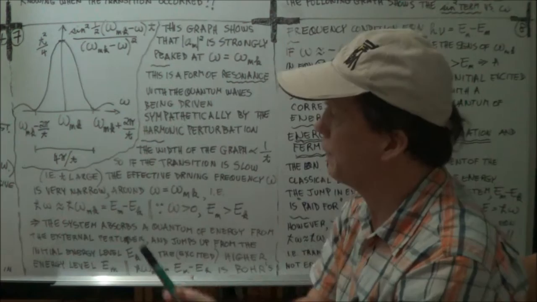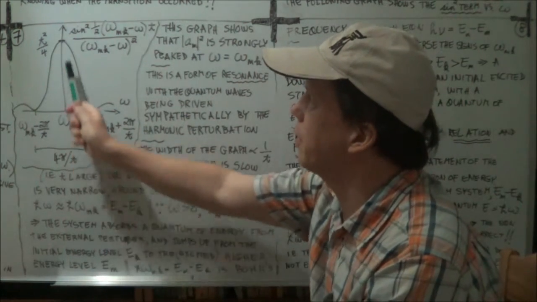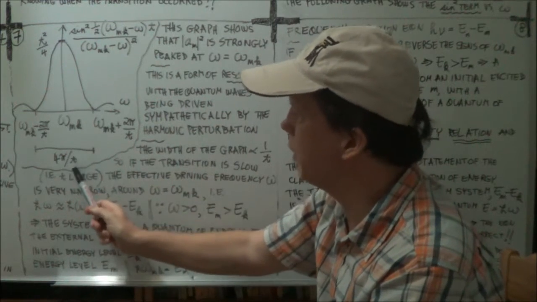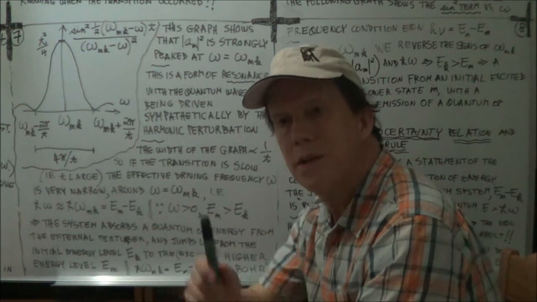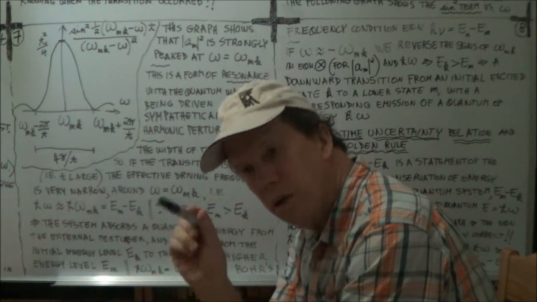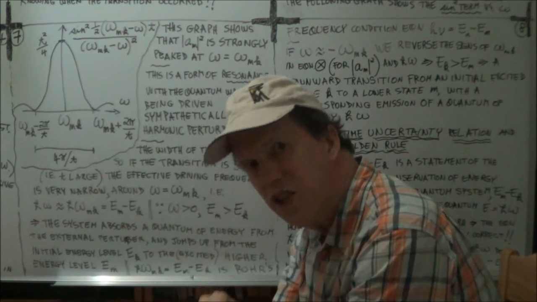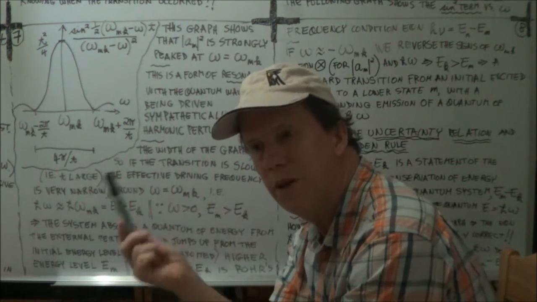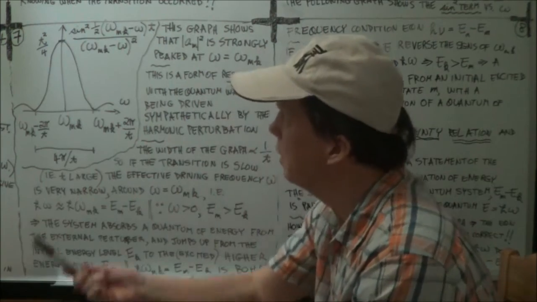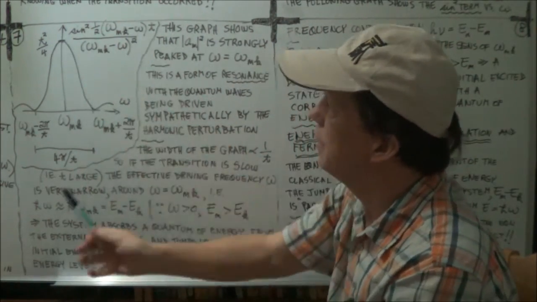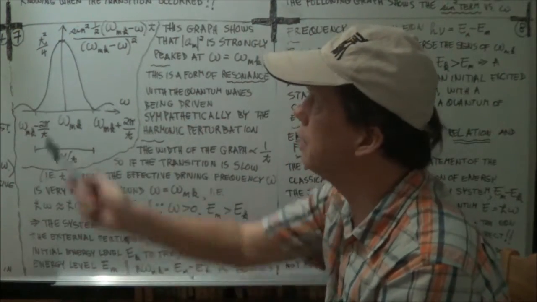So we have an estimate of the height, that's t squared over 4. The width is 4 pi over t. So that means, it's common sense, the longer the time interval that you're integrating over, from 0 to t, as t gets larger and larger, the probability of a transition goes up a lot.